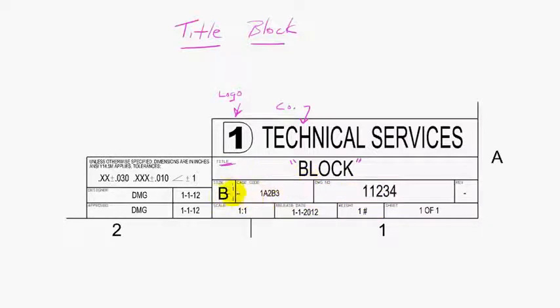Then we've got here this letter B, and that just refers to the original size of the drawing. This is becoming less important these days, but imagine that you were in a reproduction department, and you were responsible for making copies of drawings, right?